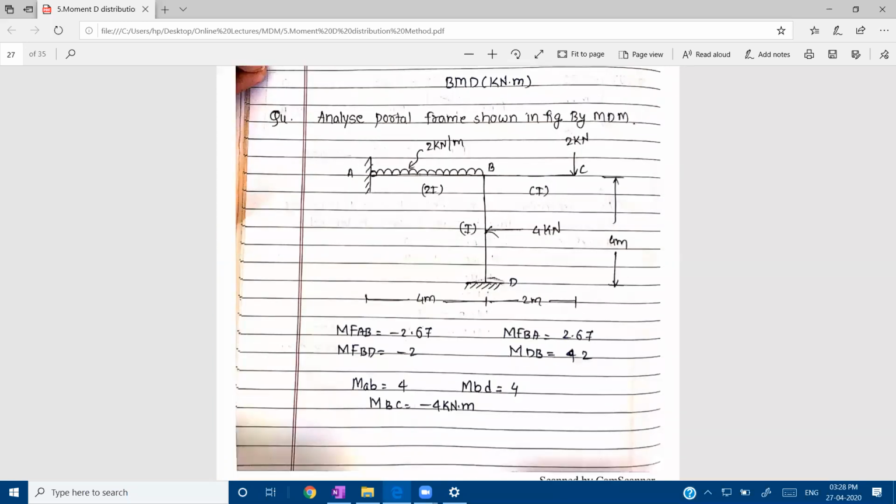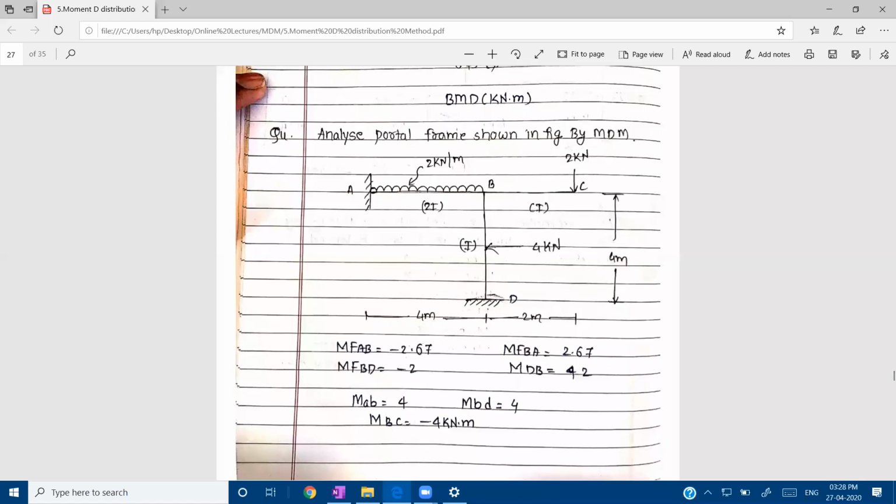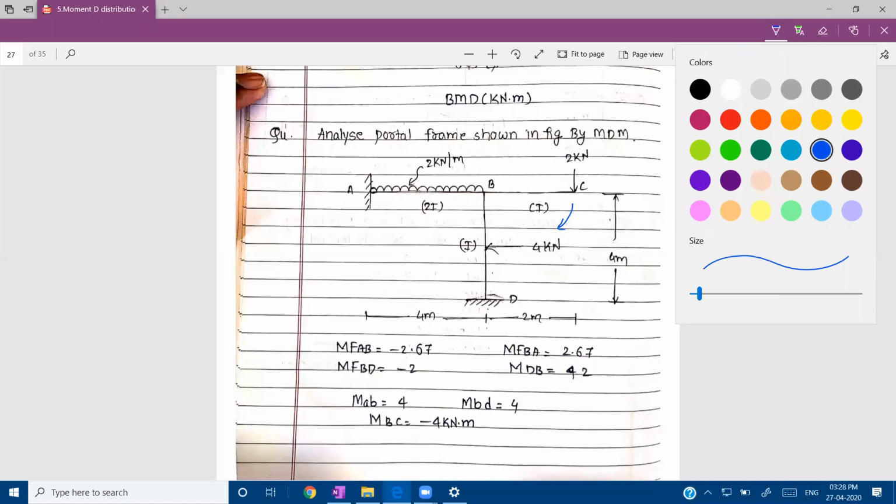So what is the uniqueness in this problem? In the portal frame there is an overhang given. So remember, for giving sign for this overhang BC, the moment of the overhang will act in this fashion, and to oppose this overhanging moment, there should be development of a moment like this.